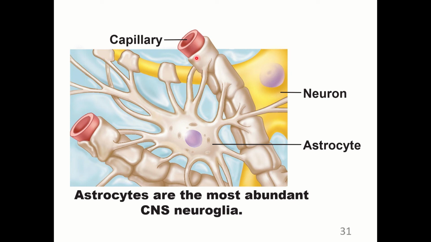It will absorb nutrients and gases from the blood and secrete the necessary nutrients and gases to the neuron. Astrocytes also form the structural framework of the nervous tissue, thus providing support for the neurons.